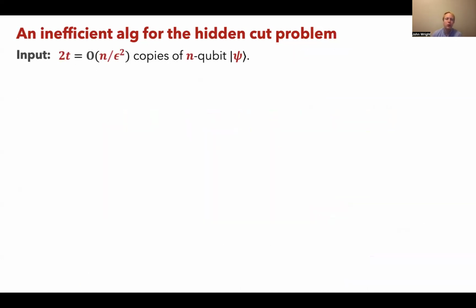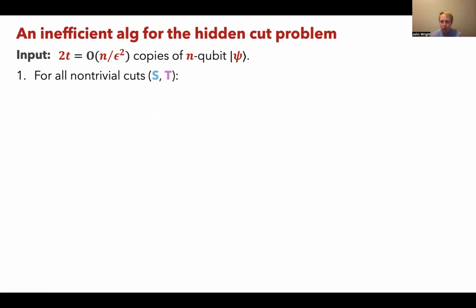Okay, so now that was just for a single cut. Now let's see how we use this to actually find the hidden cut. So our input here, again, is going to be 2t, which is order n over epsilon squared copies of the n-qubit state psi. And what we're going to do is the following.